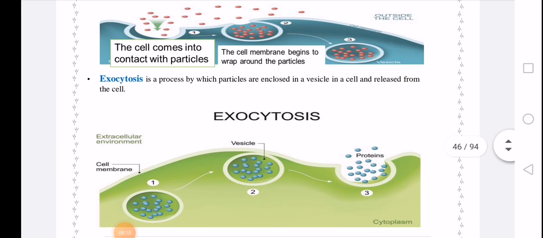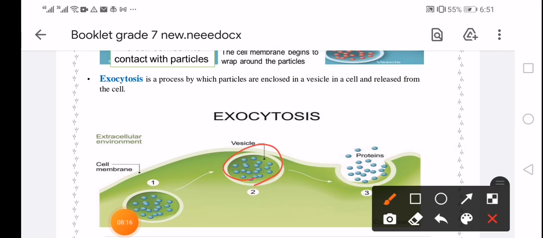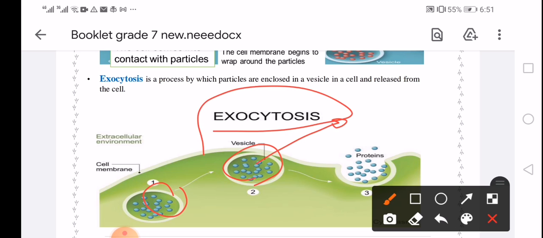Exocytosis is a process by which particles are enclosed in a vesicle in a cell and released from the cell. If some particles inside the cell need to be removed, what happens? This is called exocytosis.